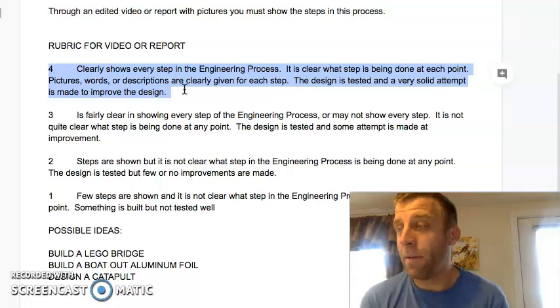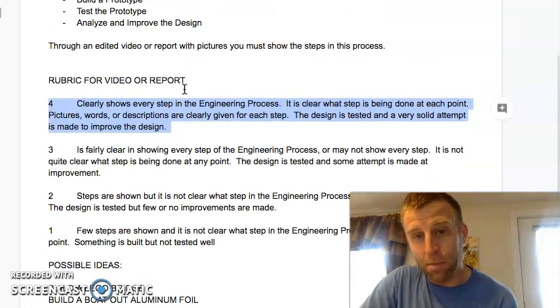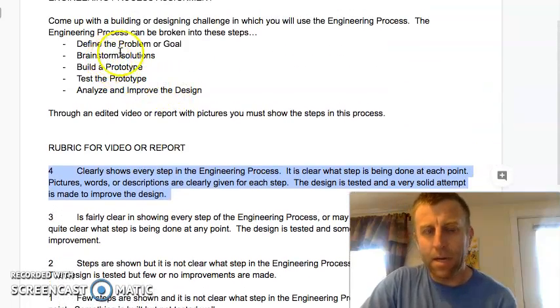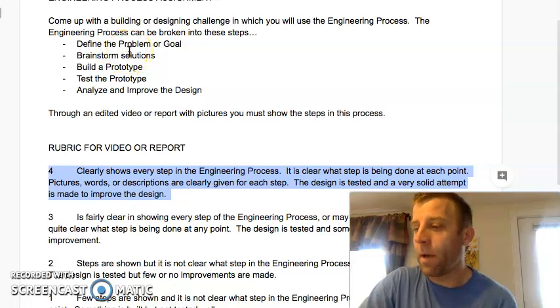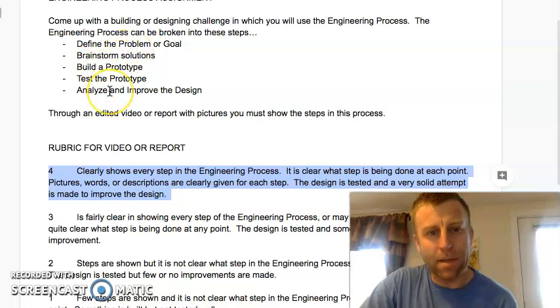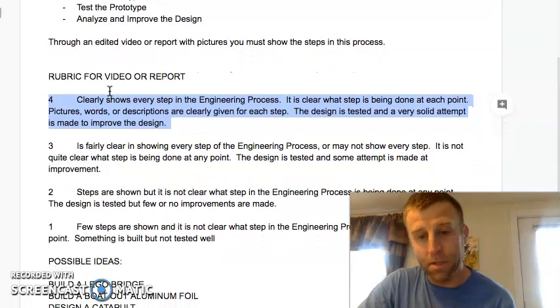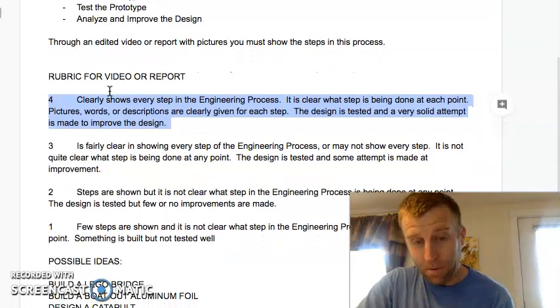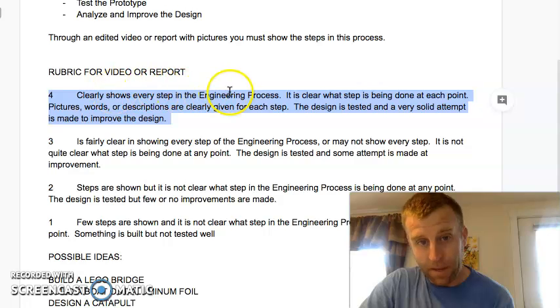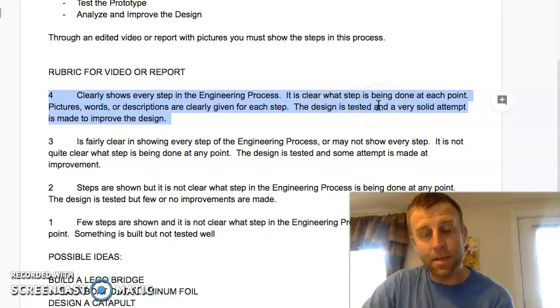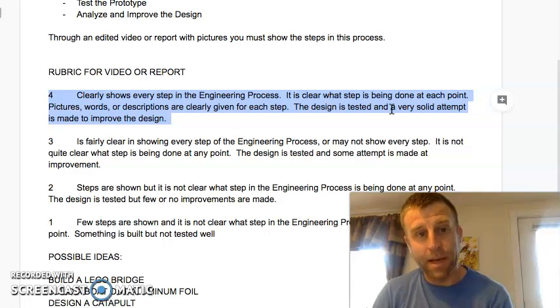Okay, here are pictures of my brainstorm solutions. Is it very clear? Everything's there, and with either words in your video or typing on your Google Doc, it's got to be very clear what step you're doing. And then did you design and test, and show your testing and make a very solid attempt to improve your design?